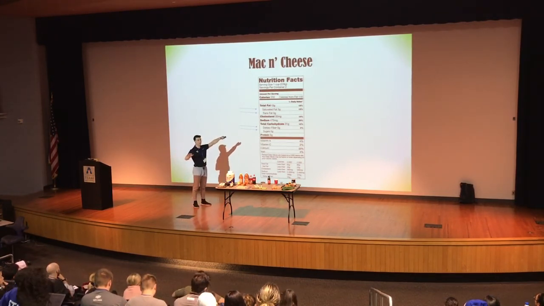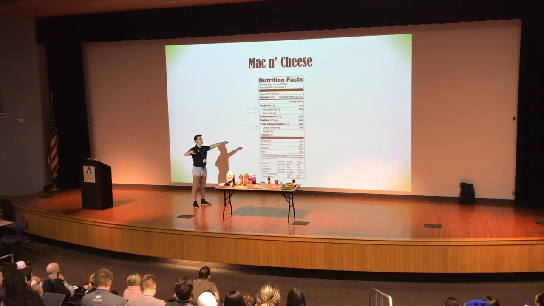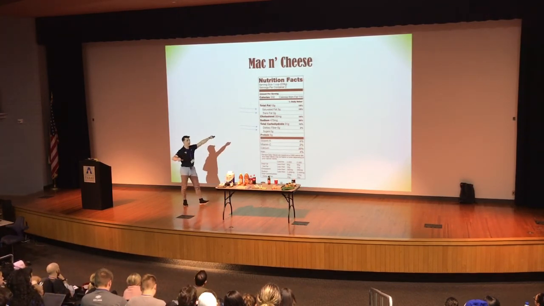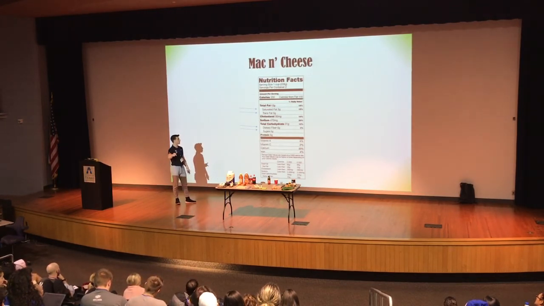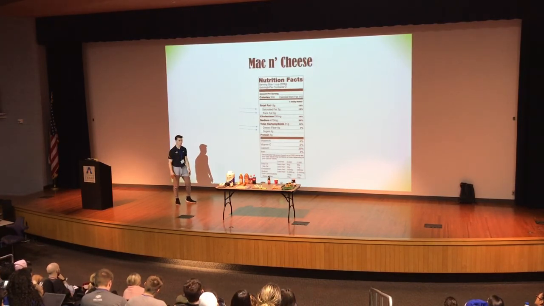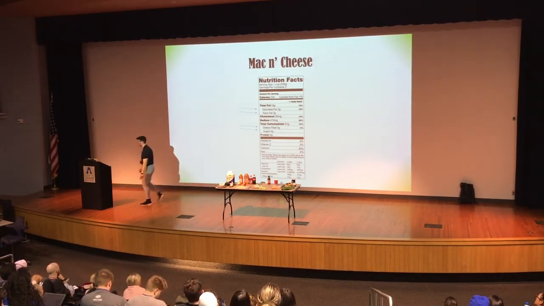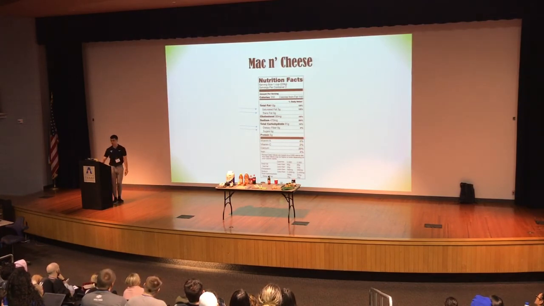Cholesterol, depends on the person, generally minimize it. Trans fat, super bad. That's the only straight up no-go on this thing. Saturated fat, minimize it. Polyunsaturated fat and monounsaturated fat, not bad. So, that is how I read a nutrition label. And I'm open to questions.